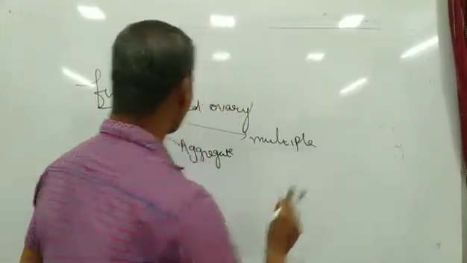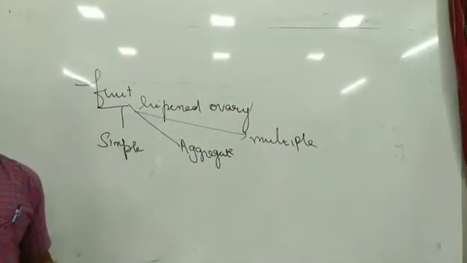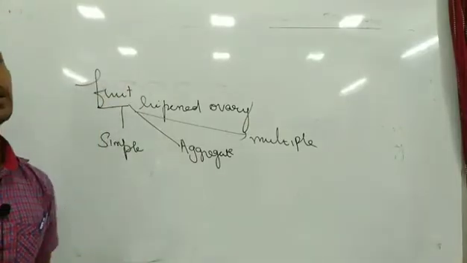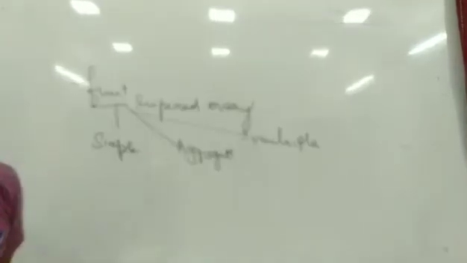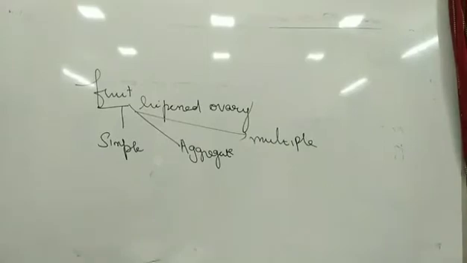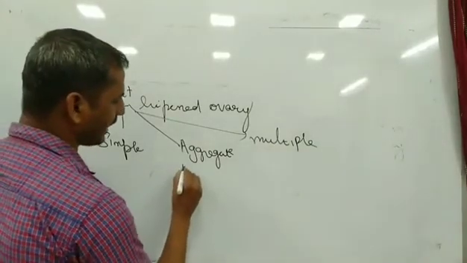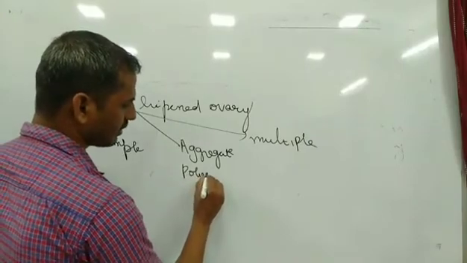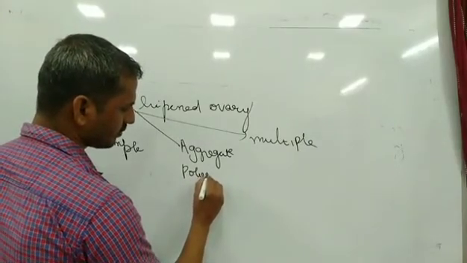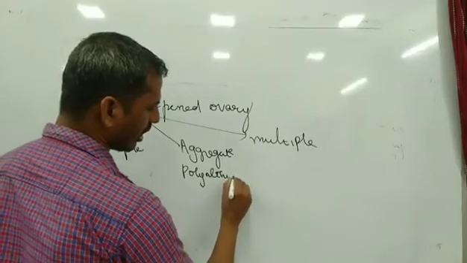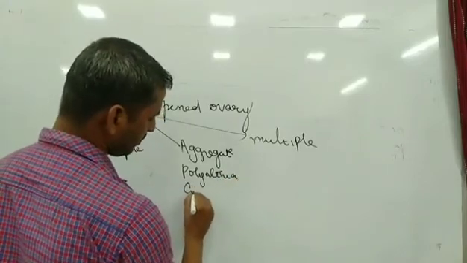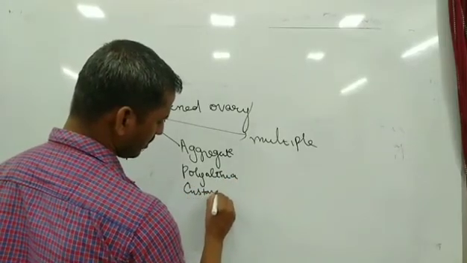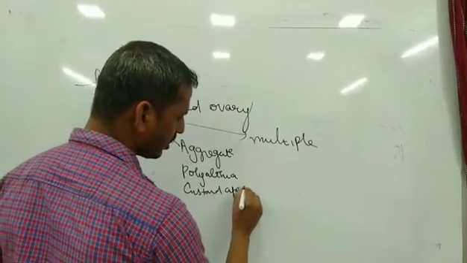The fruit may be simple, or aggregate, or multiple. Aggregate fruit is very common in Polyalthia, or custard apple.